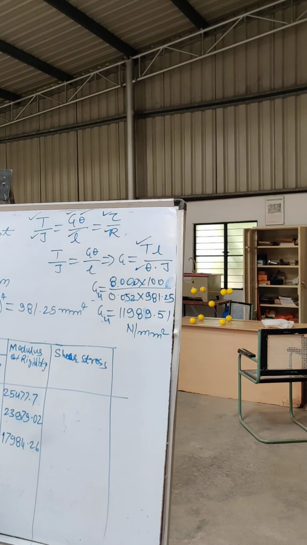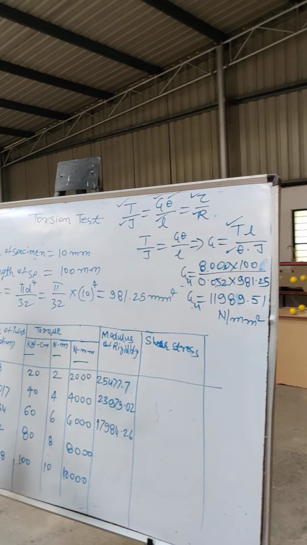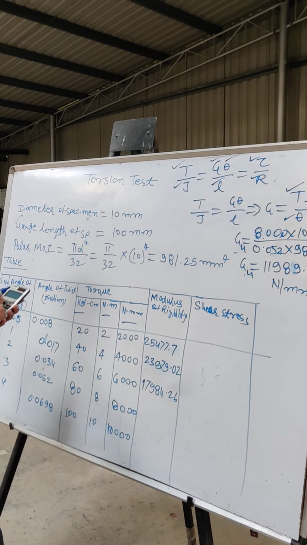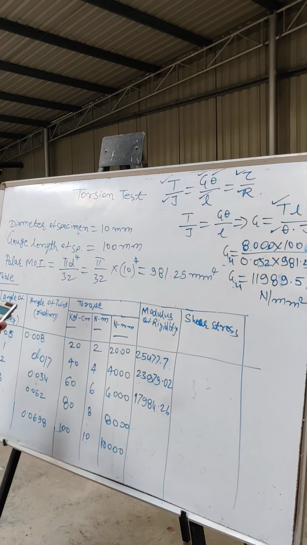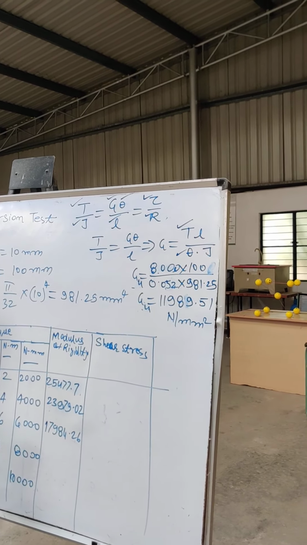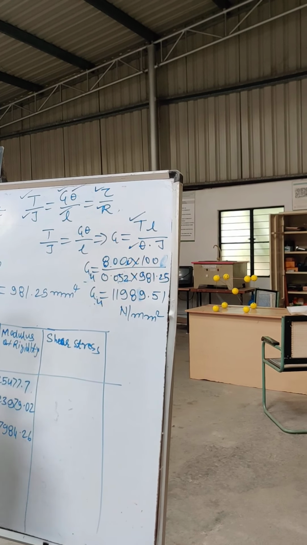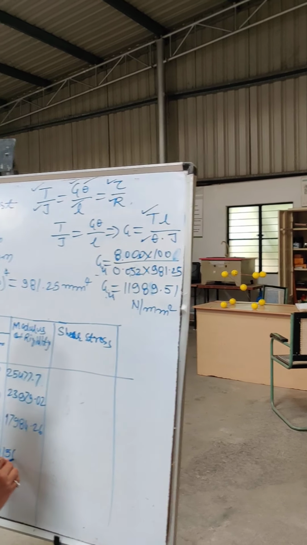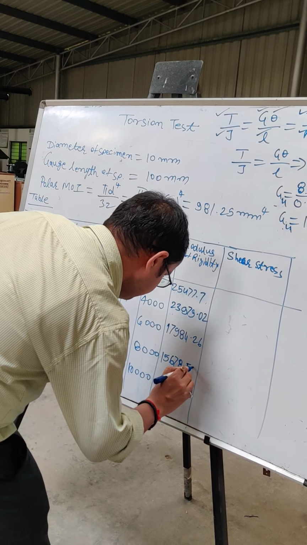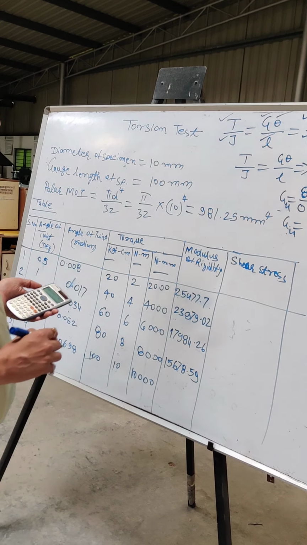Again we have to change to 0.052 and here 8000. So what is it? 15678.59.